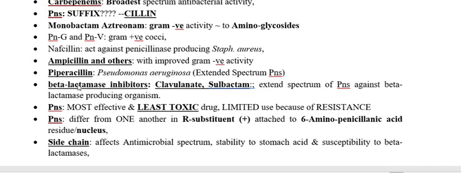Those enzymes produced by the resistant bacteria that act on the beta lactam rings are called beta lactamase enzymes. Once the beta lactam ring of the beta lactam antibiotic gets broken down, the antibacterial activity is lost. So this is the enzyme produced by the resistant bacteria.